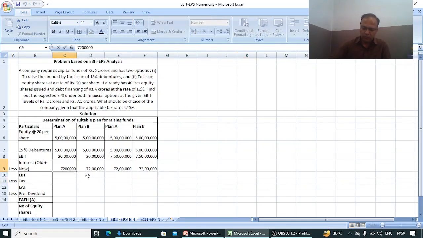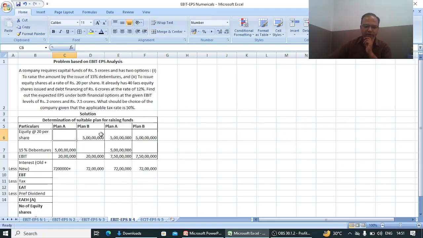Old plus new. In new, you are having 15% debenture. Option number 1, 50% equity to 20%. In plan B, this was the plan: 5 crore by issue of equity.